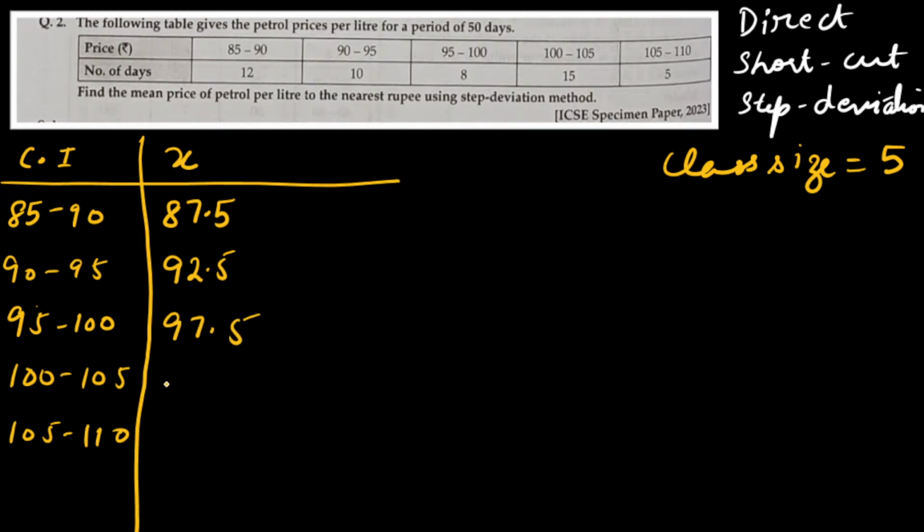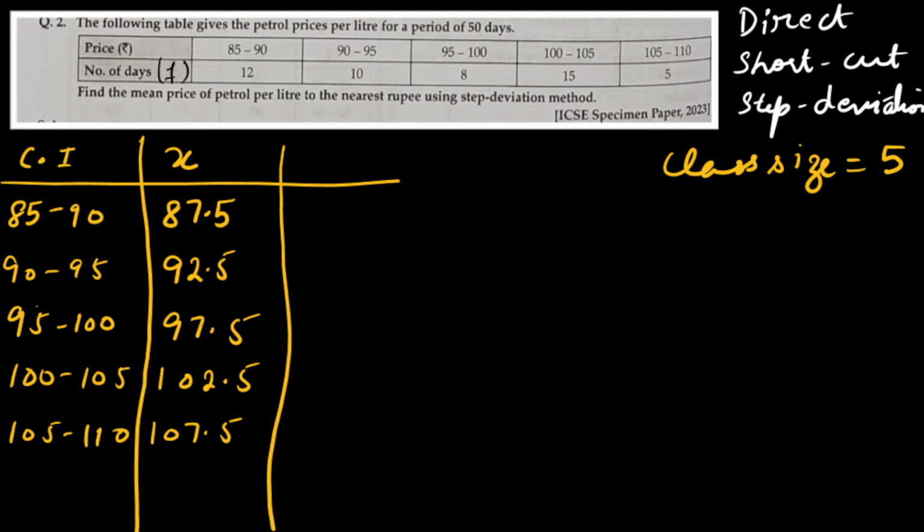Adding 5 again, you get 102.5, and this is 107.5. You just have to keep on adding 5, and you can find the class marks. Just cross check all my class marks. Now the frequency is already given to us. Number of days means it's the frequency, so that's already given.